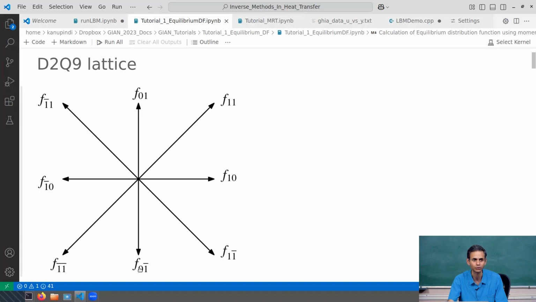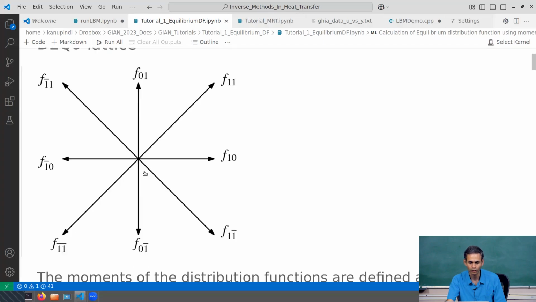Those are the notations used in the code, and these are the four cardinal directions. Then you have the remaining directions, which are F11, F minus 1 1, F minus 1 minus 1, and F1 minus 1, okay. So these are all the 8 directions, plus you have the stationary link, F00, at the node center, okay.